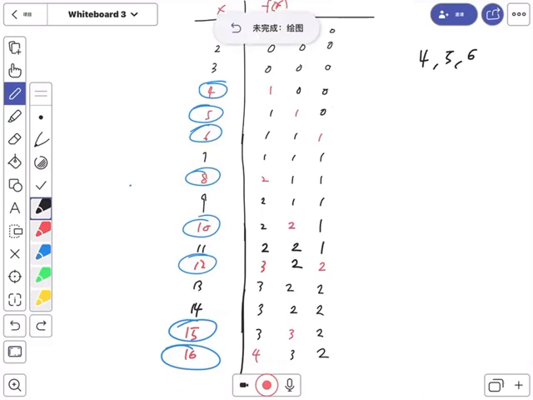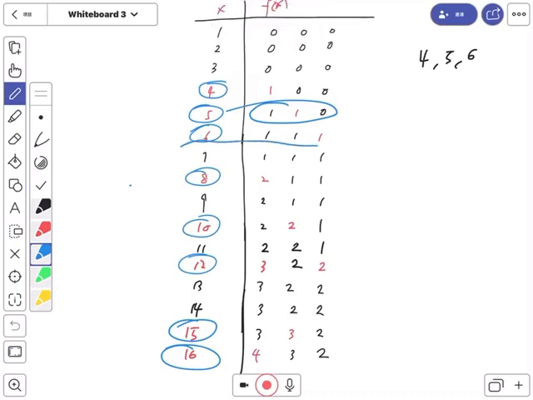For example, for 5, only 5 has this combination of the three floor values, since we're changing in 6, and we're changing in 4, and we're also changing in 5. So there's exactly one number that has this kind of representation.